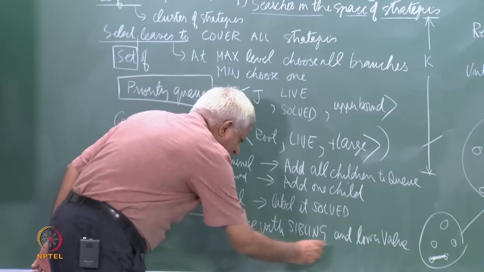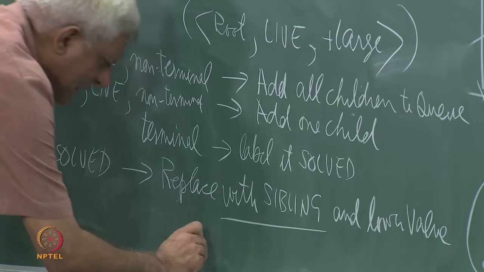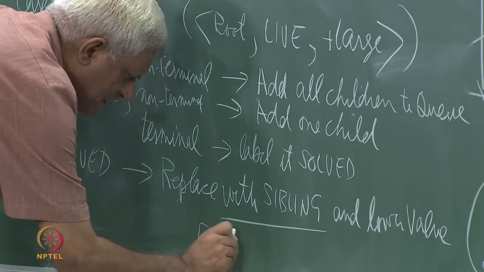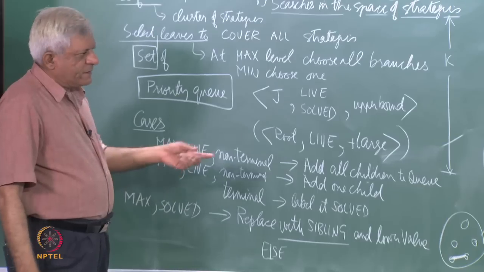If there is no sibling, so I will write else here, and this else means that there is no sibling. Replace with parent.